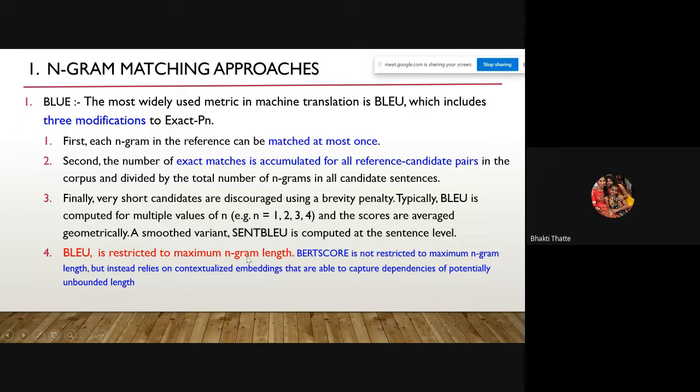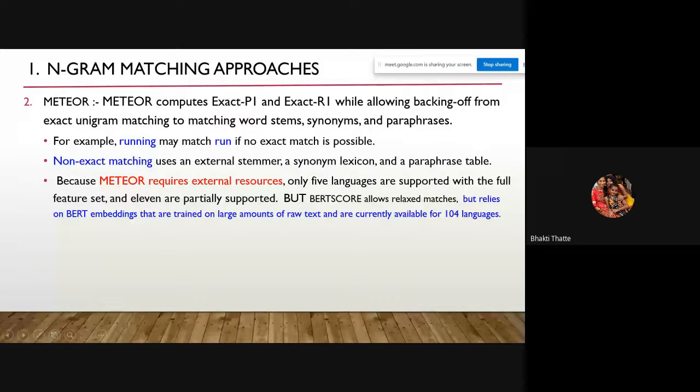Then next is METEOR. Instead of unigram matching, it directly matches the word to the word stem. For example, running will be matched as run. And for those which are not exact matches, it depends on an external system. Because it requires an external system, there are very few languages it supports.